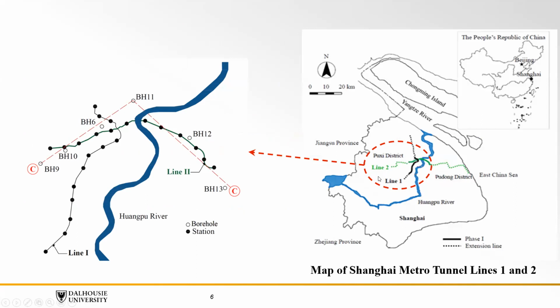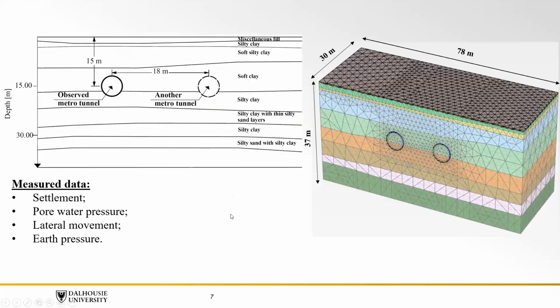If we magnify this area, we're going to see that this is your line 2 here, and these are the boreholes available along it. As we see, we have so many soil layers in here, mostly soft clays, soft soils, silty clays. So in general, soft soils.